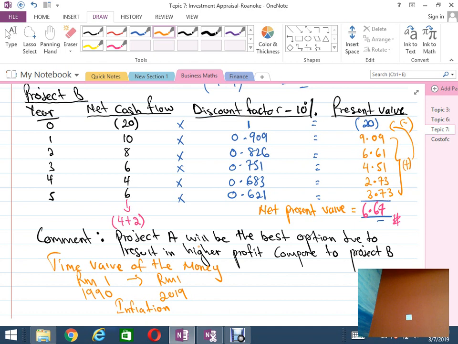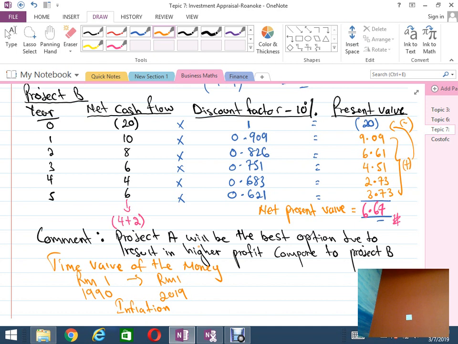So this is a question mark now. How much? And what will be the discount factor here? This is another question mark. So guys, let me ask: what will be the discount factor there? This one we need to assume.